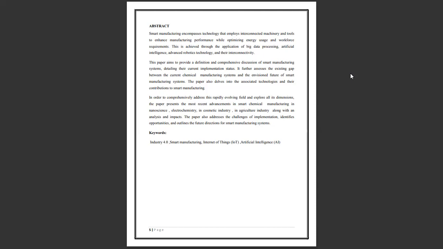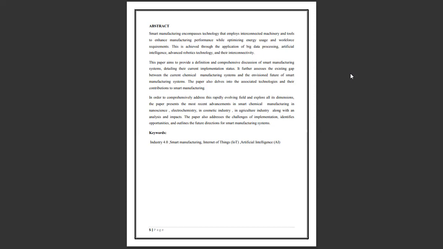It further assesses the existing gap between the current chemical manufacturing systems and the envisioned future of smart manufacturing systems. The paper also delves into the associated technologies and their contributions to smart manufacturing.